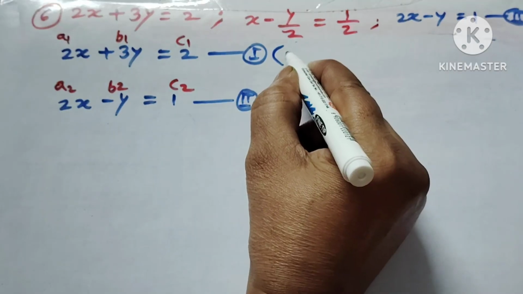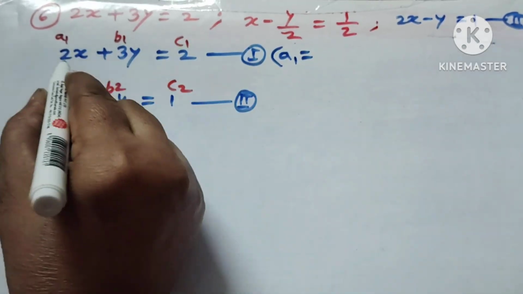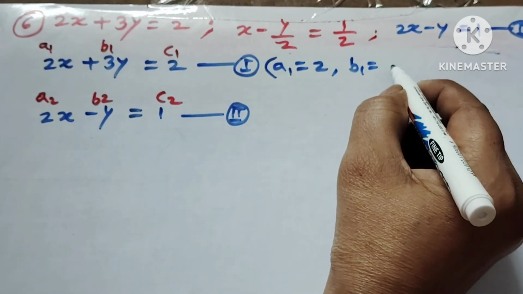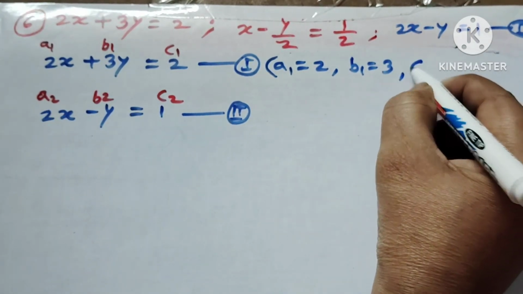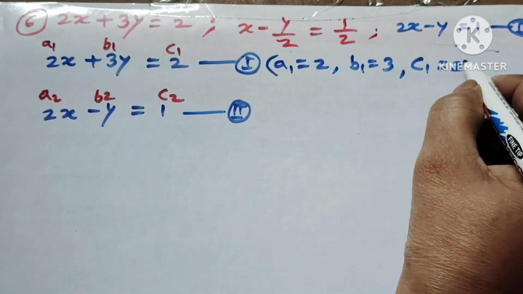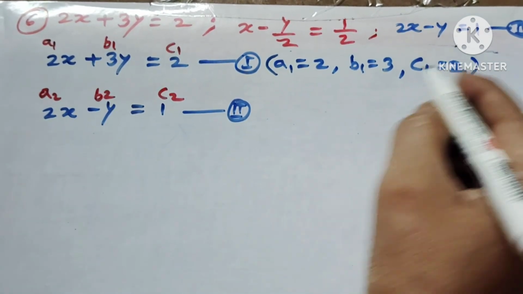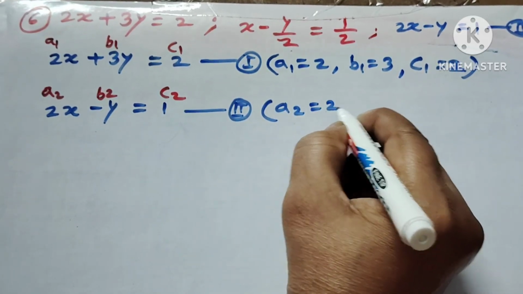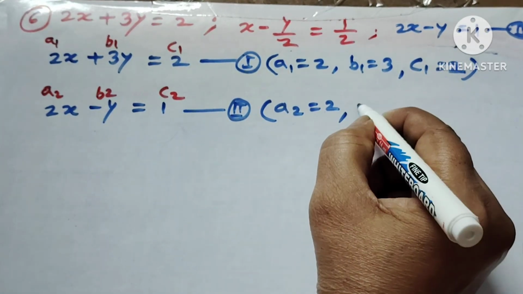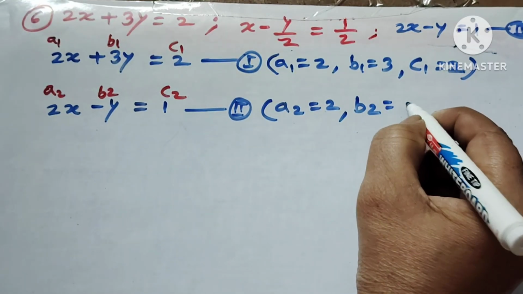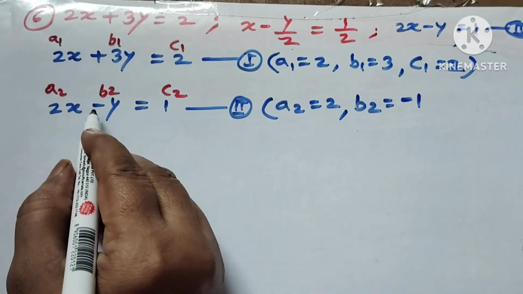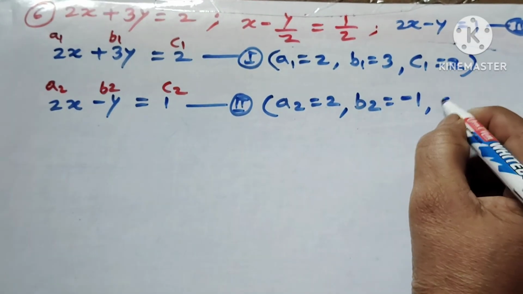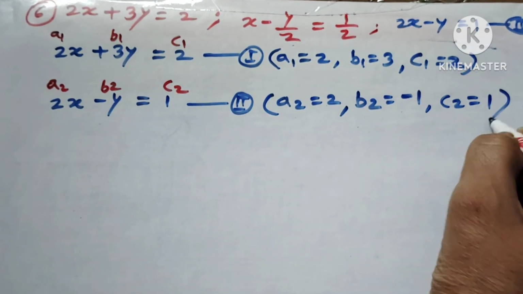In bracket, A1 is equal to 2, B1 is equal to 3, C1 is equal to 2. Bracket complete. A2 is equal to 2, B2 is equal to minus 1, here coefficient 1, C2 is equal to 1.